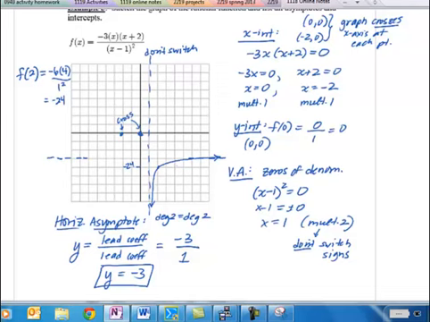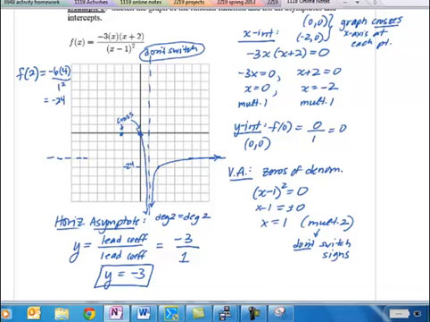Then I say, okay, I want to go on the other side of this vertical asymptote. Should I go up or should I go down on the other side? And using that multiplicity, I say I'm not going to switch. So both sides are down since I knew this side was down. So I'm going to be coming up from down here. I have to cross my x-axis at the y-intercept or the x-intercept, whichever way you want to look at it.